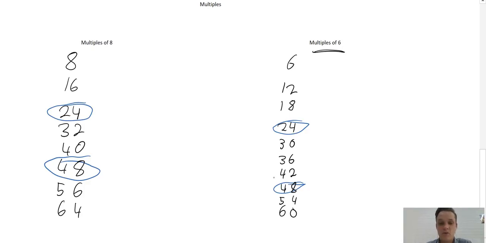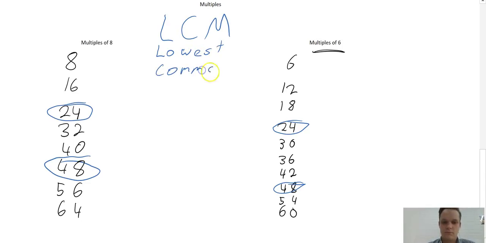So then what we're going to do in our books is we're going to see a big thing called an LCM. Now, like our highest common factor, this is looking for our lowest common multiple.